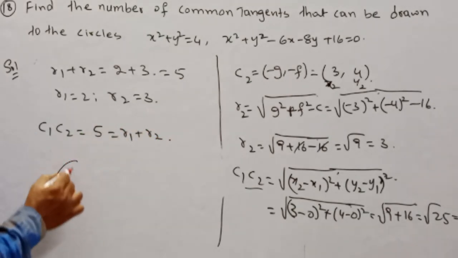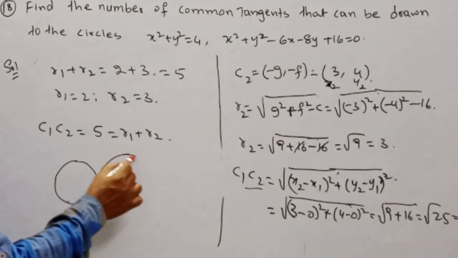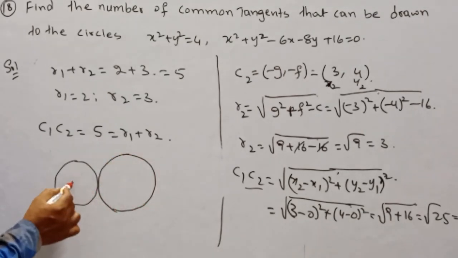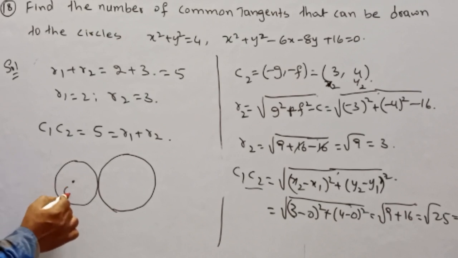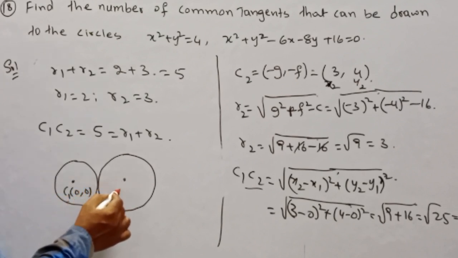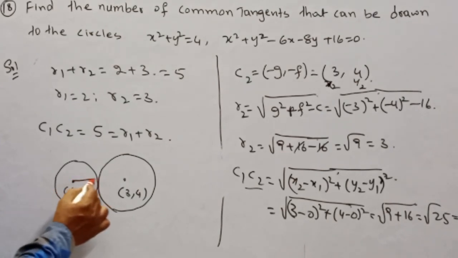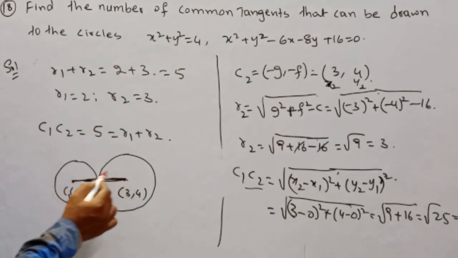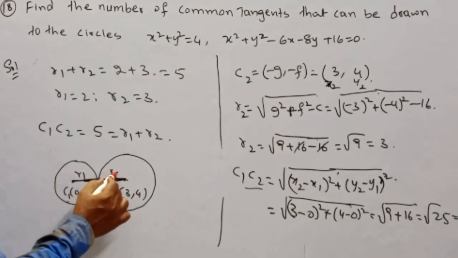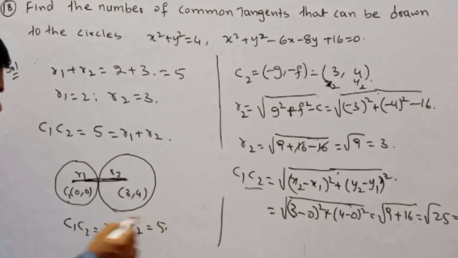So you see here this is the circle and this is the circle. The center of this circle is the origin C1, 0 comma 0, and the center of this circle is 3 comma 4. This is the distance between these two, this is R1, this is R2, and C1C2 is equal to R1 plus R2 is equal to 5.